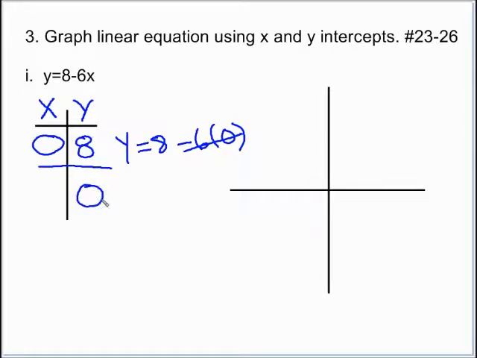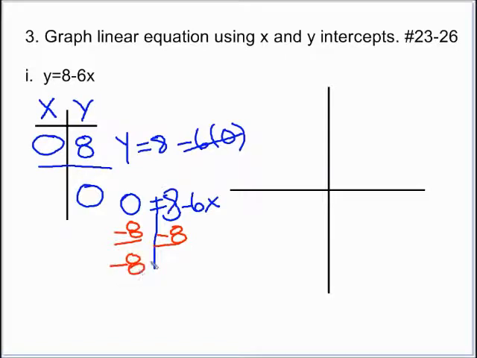x-intercept, you make y 0 and plug in 0 for y. In order to get x alone, do a little bit of algebra here. Subtract 8 from both sides. Negative 8 equals negative 6x.